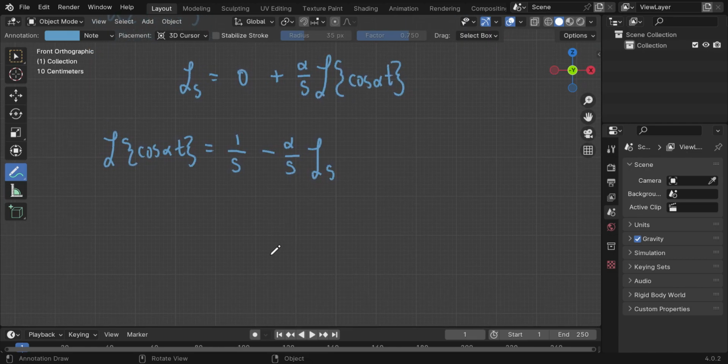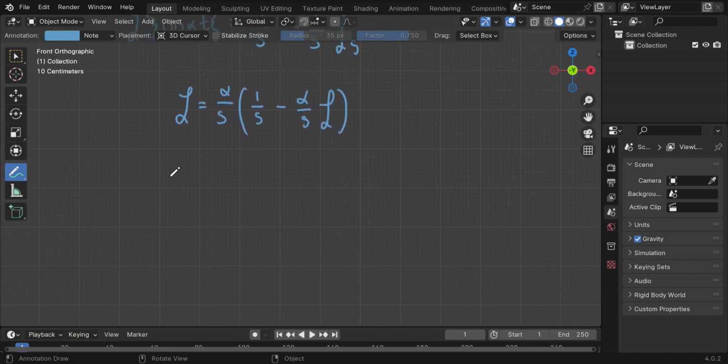So all this right here is saying that the Laplace of the cosine function is 1 over s minus alpha over s times the Laplace of the sine.